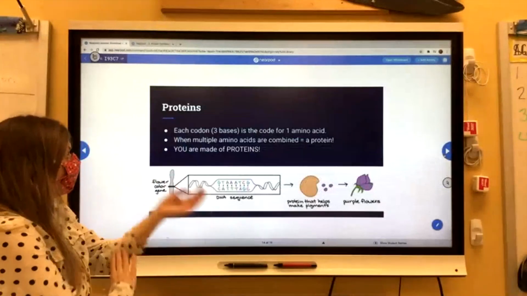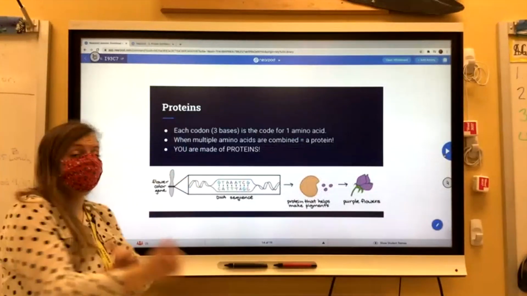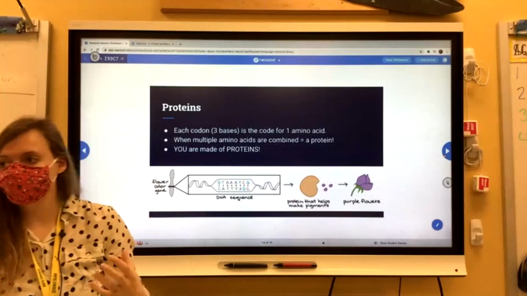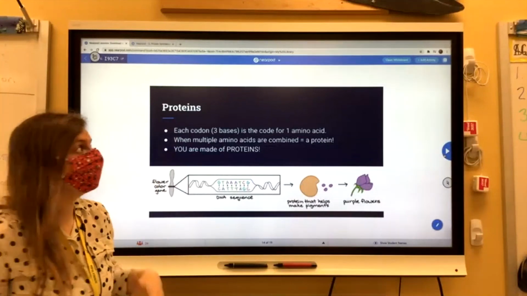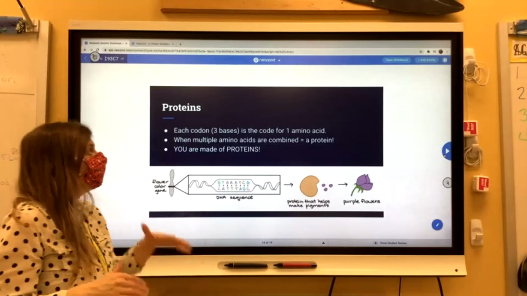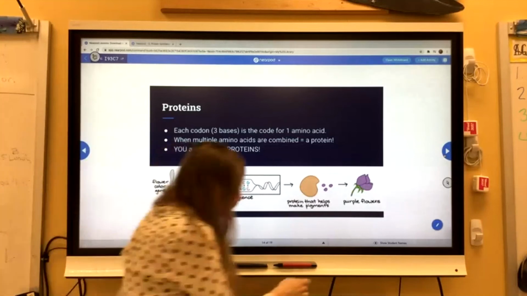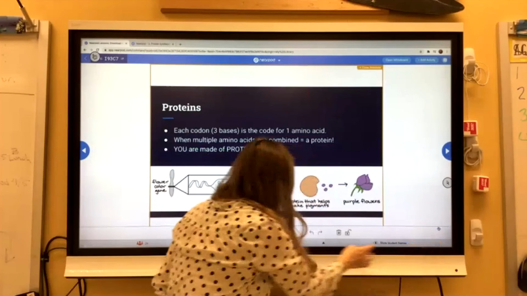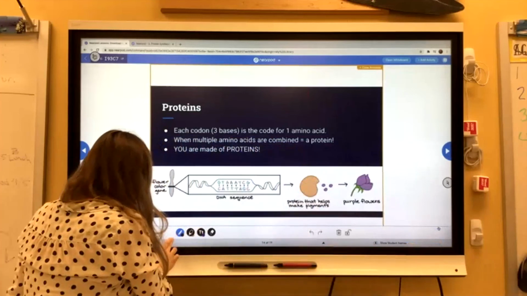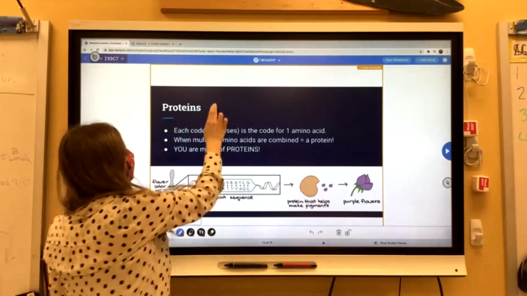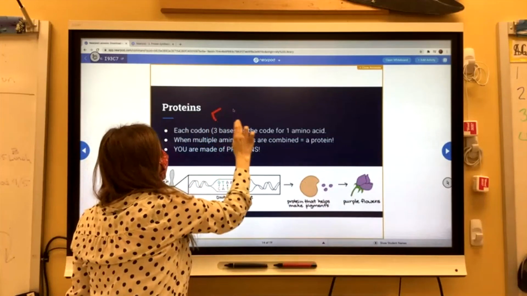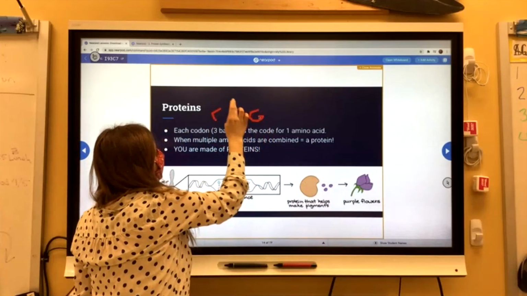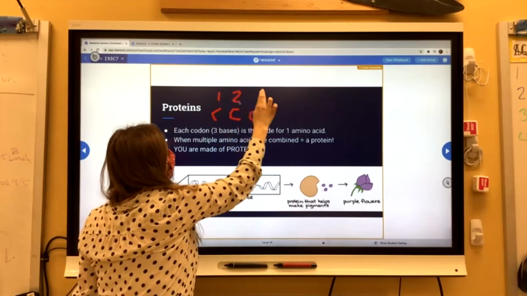Okay, so the proteins. What is a protein? You are made of proteins. Your hair is made of protein. Your eyes, your muscles, like your entire body is made of proteins. So remember, each codon, I keep using this word, the codon is those 3 bases together. So for example, C, C, G. We've got 3 here.